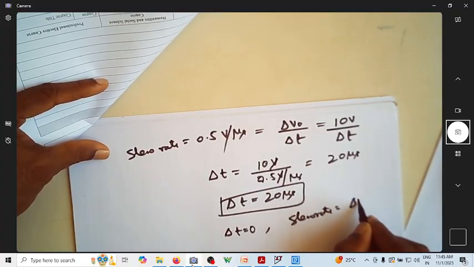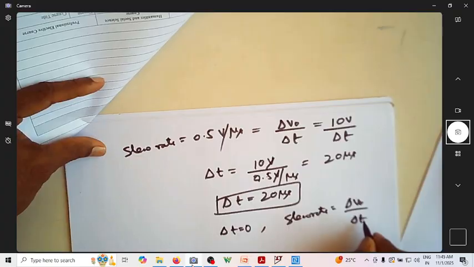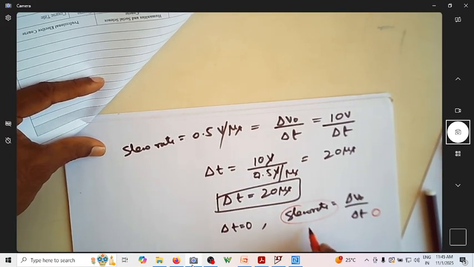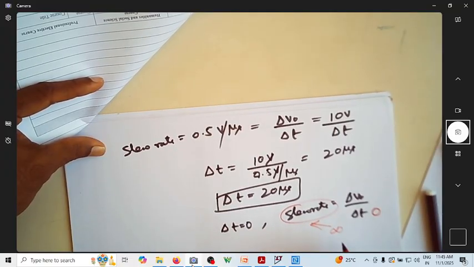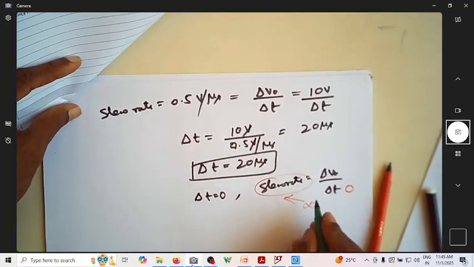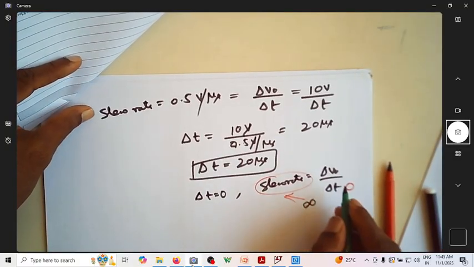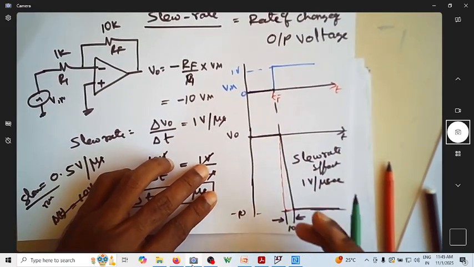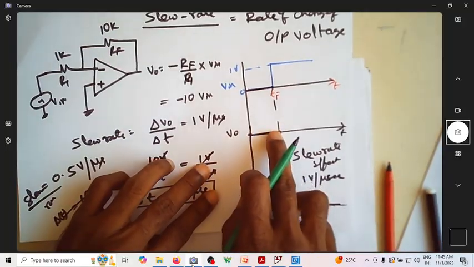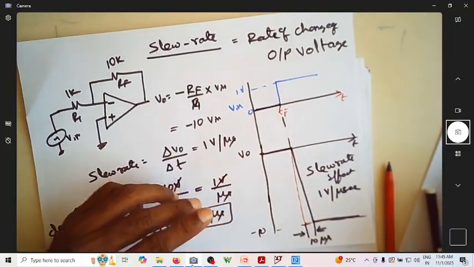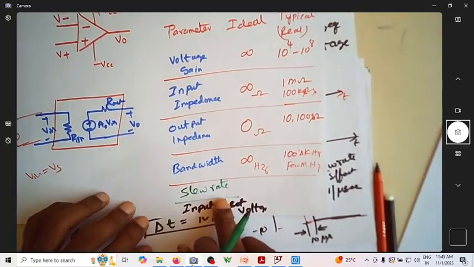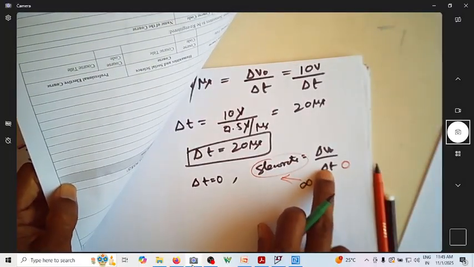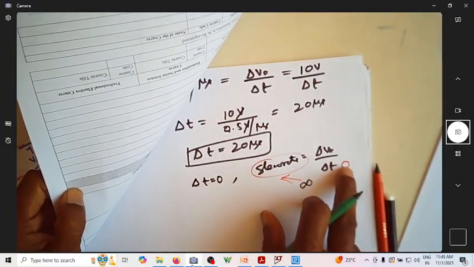Slew rate is equal to del V naught by del T. If del T becomes 0, the slew rate has to be infinite, so that the output can change from one value to another within no time. It should change instantaneously. That's why the slew rate ideally should be infinite, if it is not taking any time at all, which is the ideal case.